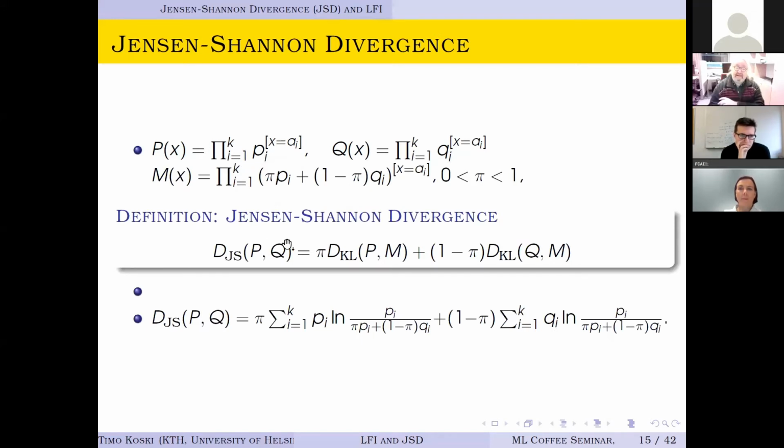I calculate the Kullback-Leibler divergences between p and m and q and m, and then I make the same convex combination of these two Kullback-Leibler divergences. And if I use this Iverson symbol, I can write it down in terms of the categorical probabilities like this.